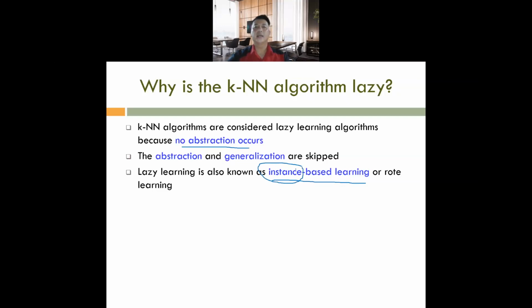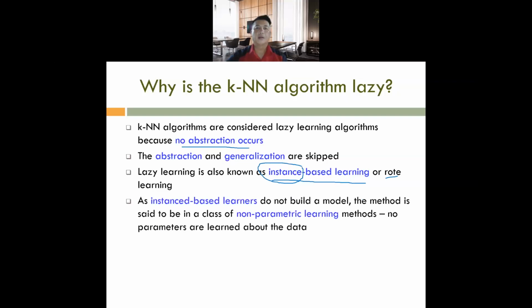So it is also called instance-based learning or rote learning. For an instance-based learner, we do not build or train any model. In fact, we are using a distance method in order to compute the distance.